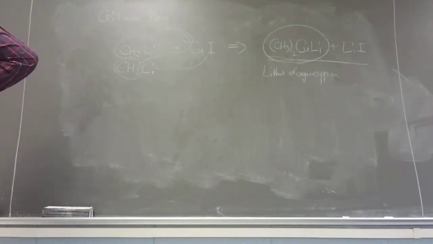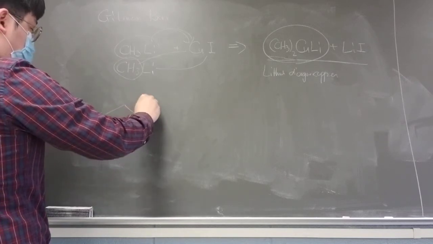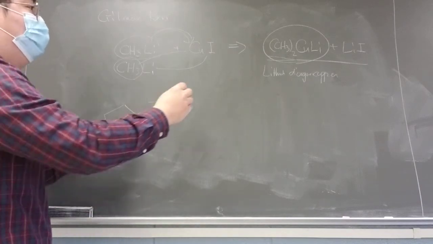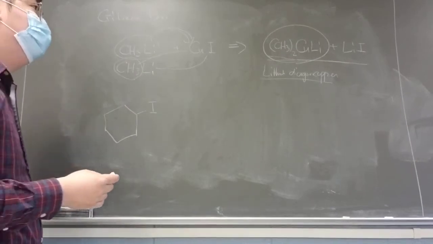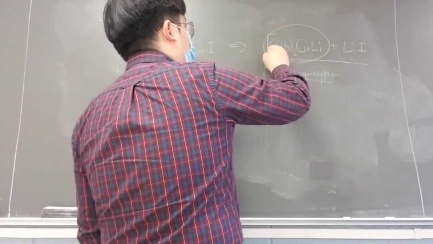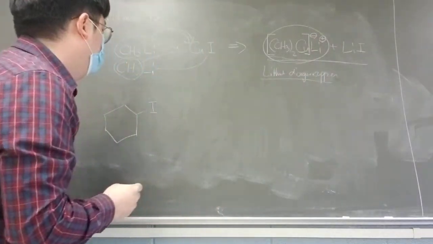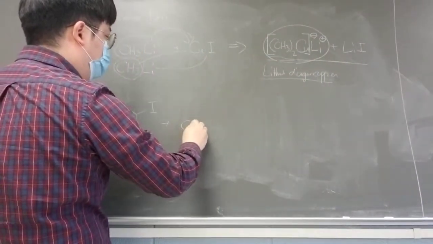So chapter 10 is about any compounds with halogen groups. So if you have this type of diorganocopper with the lithium pair, what they actually normally do, maybe for an example we can use this one.